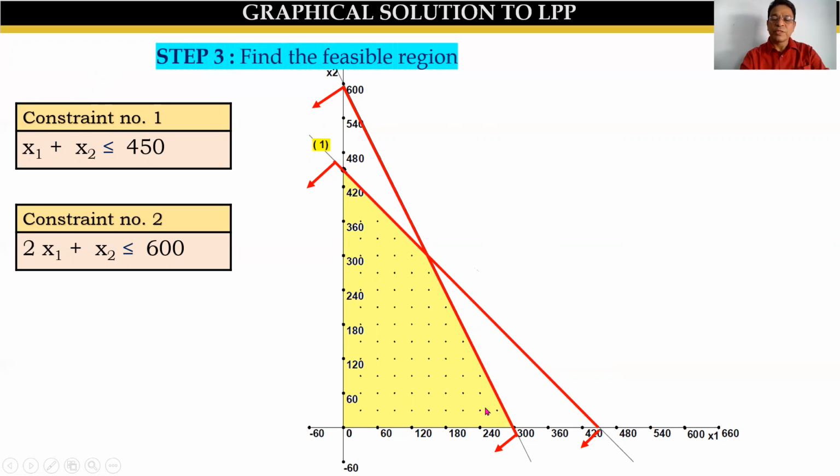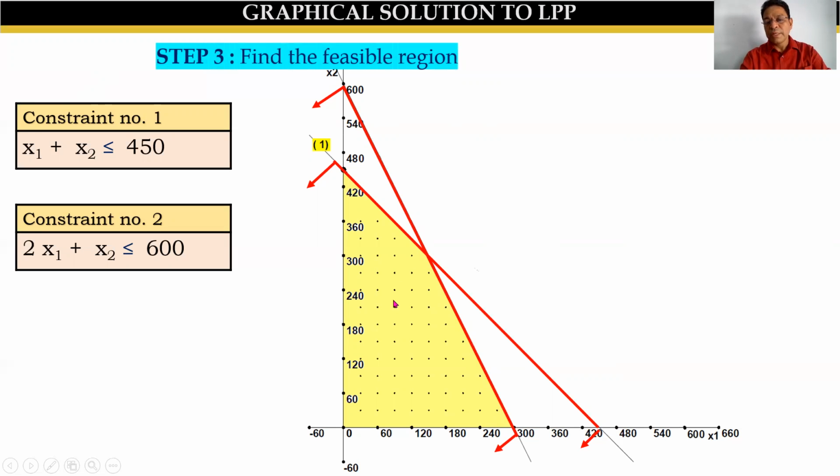Where exactly will the optimal solution be? Will it be at this point, or here, or here? The value of z will keep increasing till the point where we get the corner point.